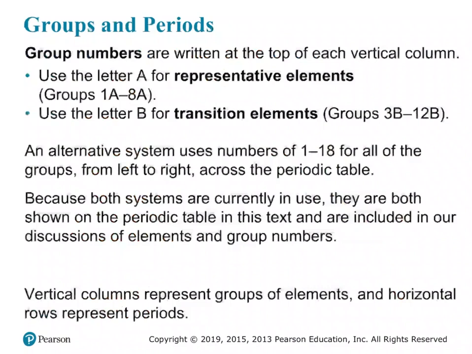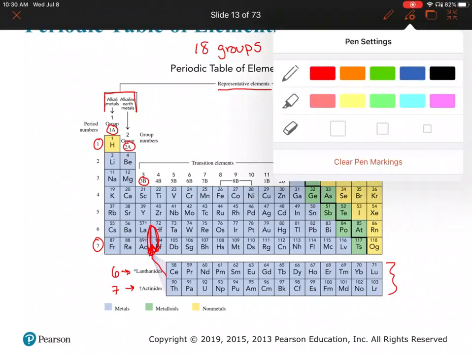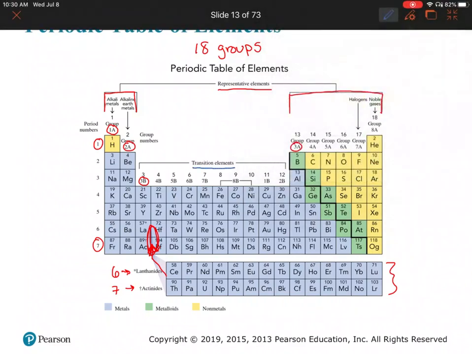So group numbers are written at the top of each vertical column, as we saw. And we have two different types of elements. So if we go back, we have the representative elements, which includes the first 2 groups and the last 6 groups. And then we have the transition elements, which includes everything kind of in the middle here.